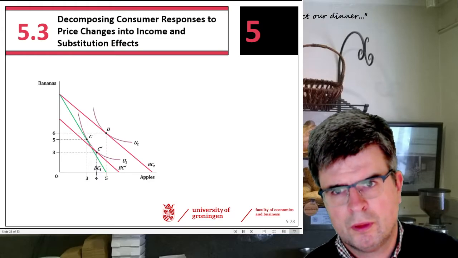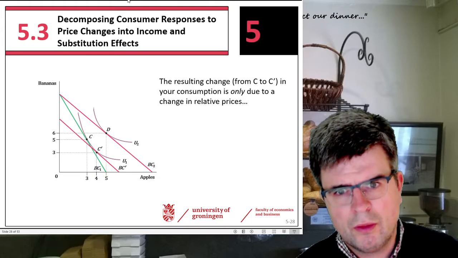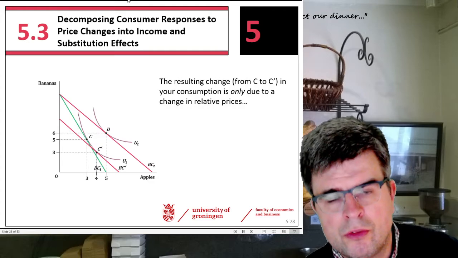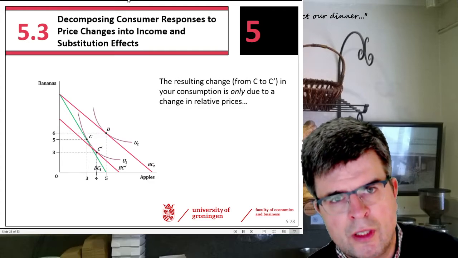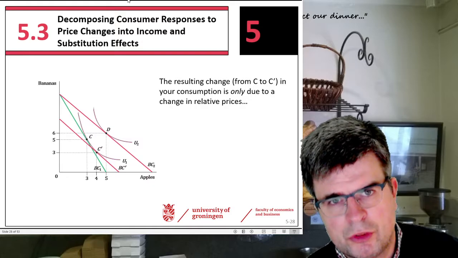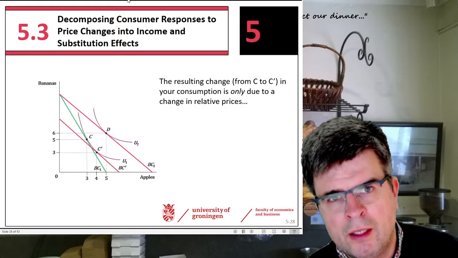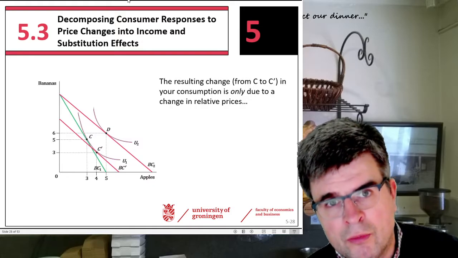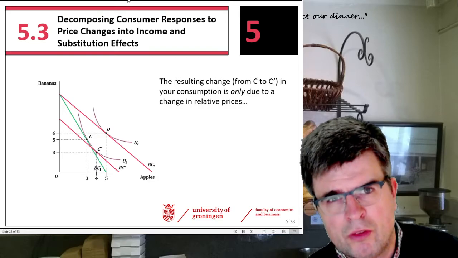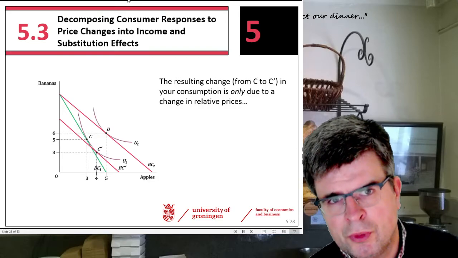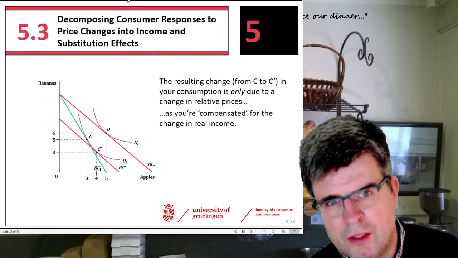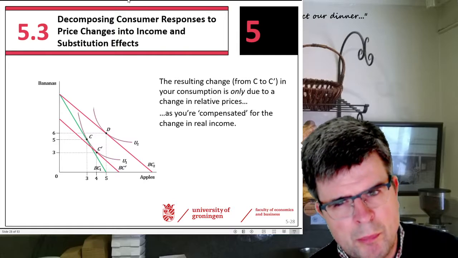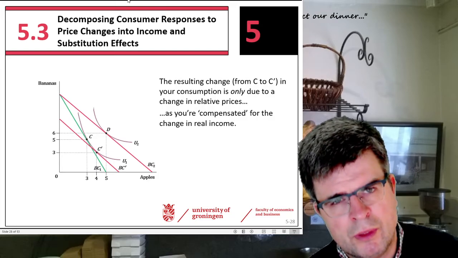So the change from bundle C to C prime is only due to the change in relative prices. What we didn't do is take into account the increase in purchasing power. So we forced this consumer to remain at the old indifference curve. Stated differently, the consumer is compensated for the change in real income.